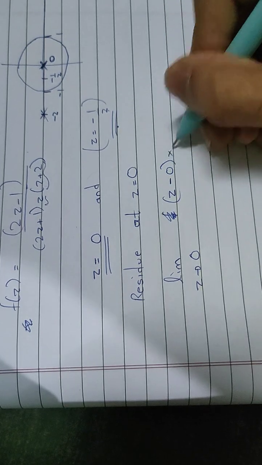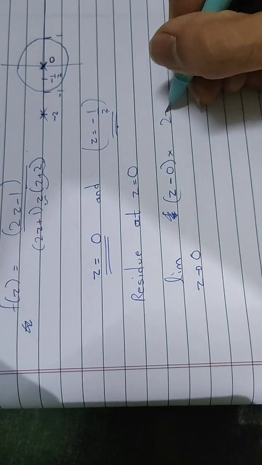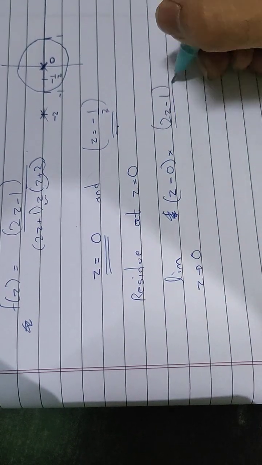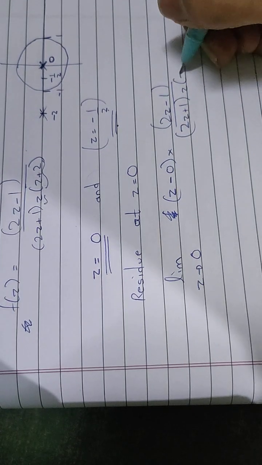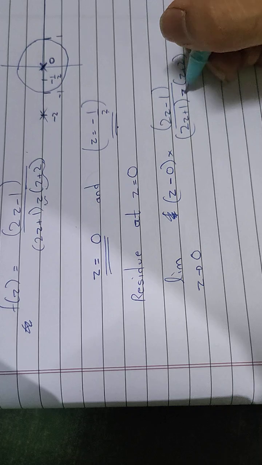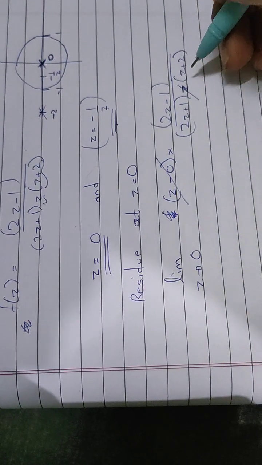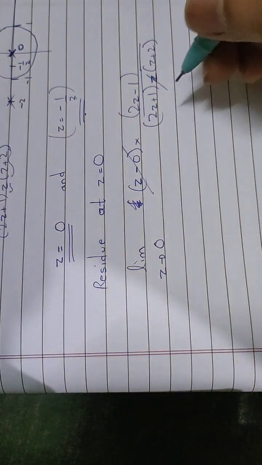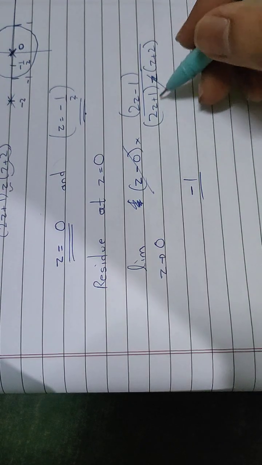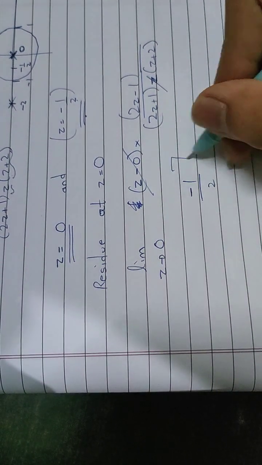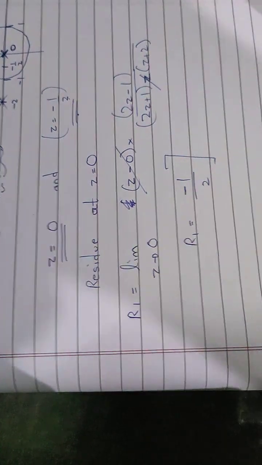So z minus 0 into f of z, which is 2z minus 1 upon 2z plus 1 into z plus 2. This z cancels, and we just put z equal to 0. In the numerator we get minus 1, and in the denominator 1 into 2, so half. Calling this residue r1, we get our first residue as minus half.